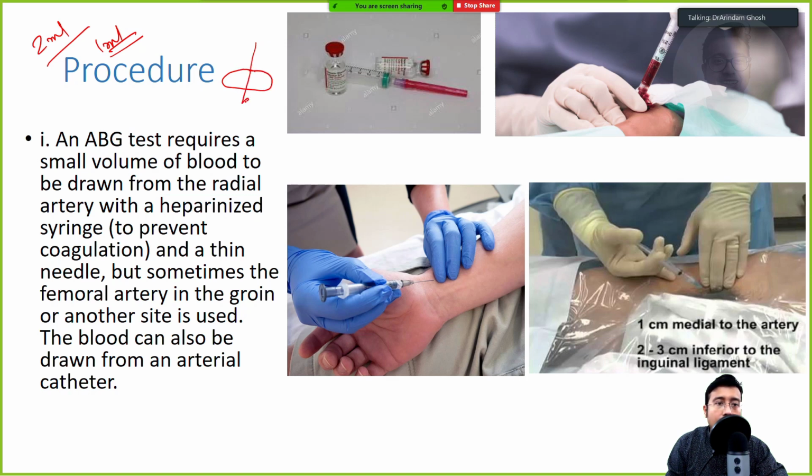Suppose the needle has gone past the radial artery, but you apply suction, and now your needle is going up, you are withdrawing the needle. At some point of time the needle will be inside the arterial lumen. At that point the blood will definitely come out in the syringe, but there is a requirement prior to you inserting your needle.